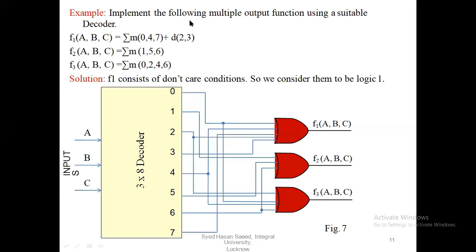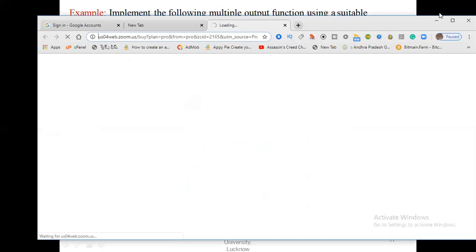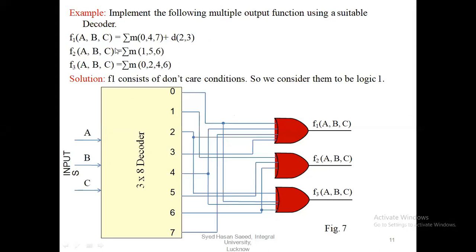So F1 of A, B, C is equal to summation of 0, 4, 7, plus don't care conditions of 2, 3.